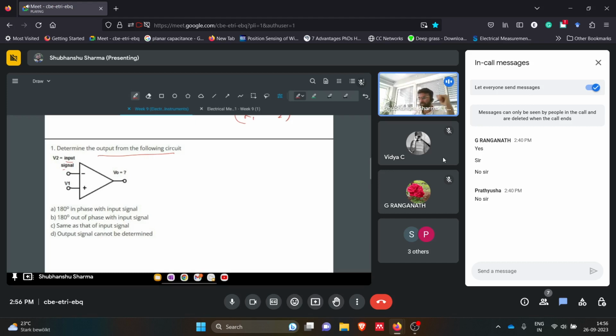Just remember, the output equation for any op amp is the open loop gain of that op amp into the differential voltage V plus minus V minus. So this is open loop gain because we don't have any feedback in this op amp.